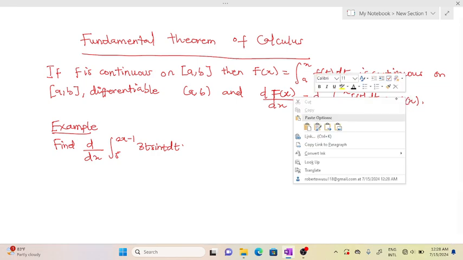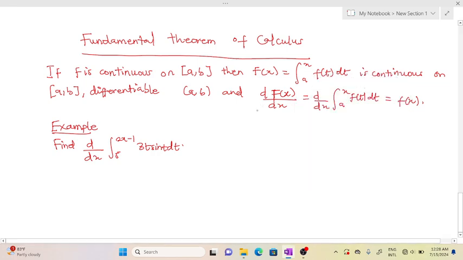Now this looks messy, right? So let's break this down. All that this is trying to say is we have a function f, a function smaller f, which is continuous over an interval, and this is a closed interval, meaning the endpoints are included.